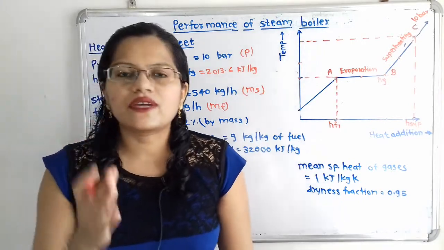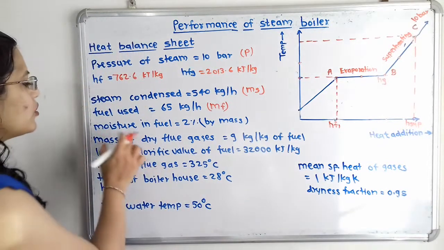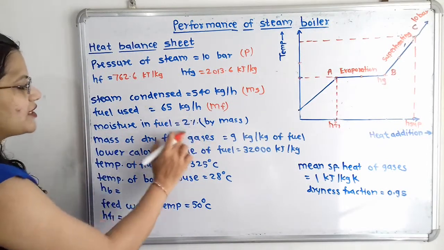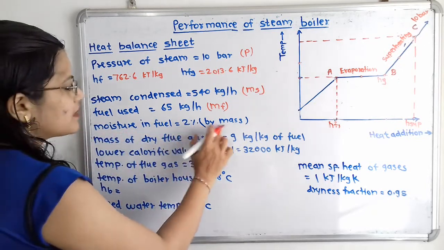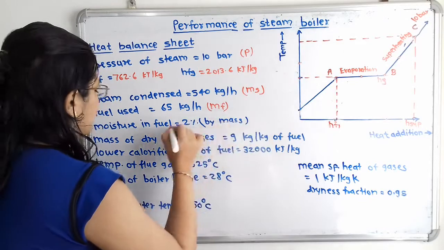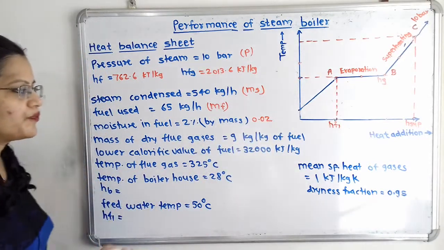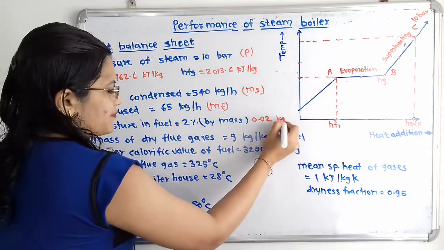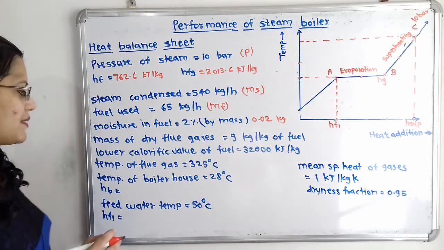So whenever we calculate the mass of dry fuel, we have to subtract this moisture content from the fuel. So here it is 2% by mass, that is, 0.02 kilogram. Since it is by mass, we will use kilogram here.